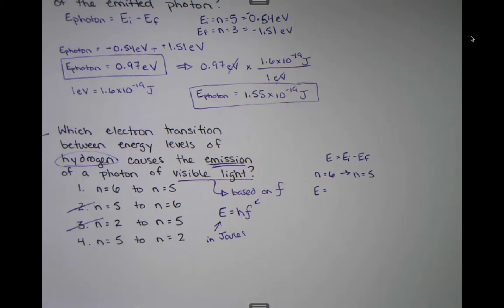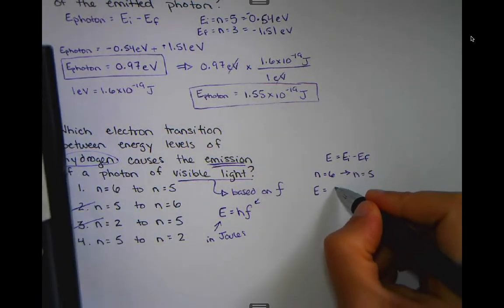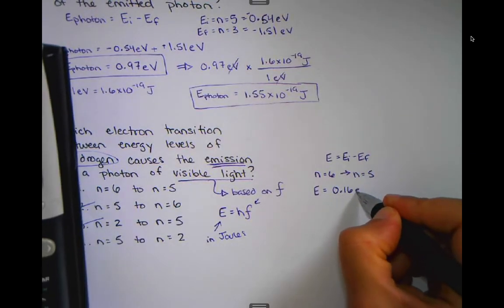I'm going to flip back to my chart here. n equals 6 is negative 0.38, and then we're going to 5, so minus negative 0.54 gives me an energy of 0.16 electron volts.